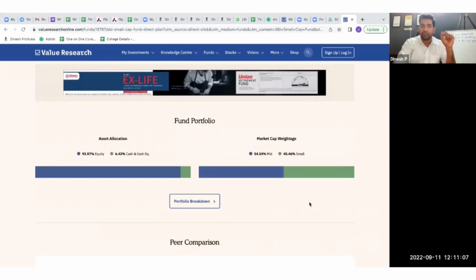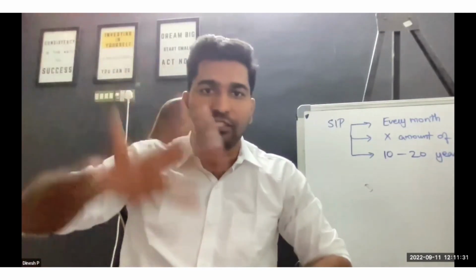Weightage. Assume that it is having say 100 crores. The entire 100 crores is not going to be put into the fund. See here, 93.5% has been put into investment and 6.43% has been kept as idle cash. Why should a particular mutual fund have idle cash? Assume 1 lakh people have invested so far. Suddenly, some 10,000 people come and say that I want my money back.